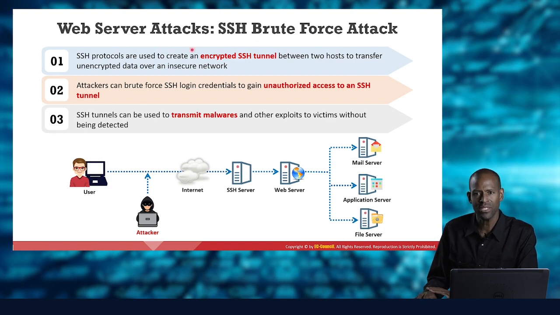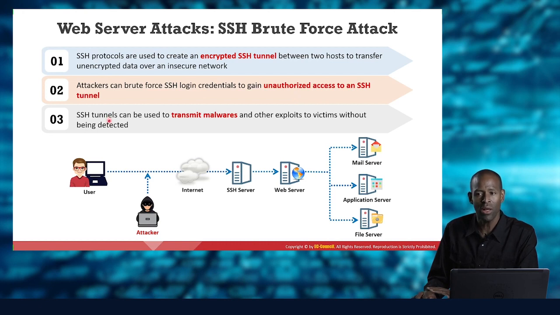And so what we're doing in this case is we have SSH. You think, wow, SSH is nice. It's secure. It makes everything encrypted. But if you're using the wrong version, or if it's implemented improperly, it can make your network not secure. And so what they do is they brute force the login credentials of a bad version or install of SSH, and they get unauthorized access to the SSH tunnel.